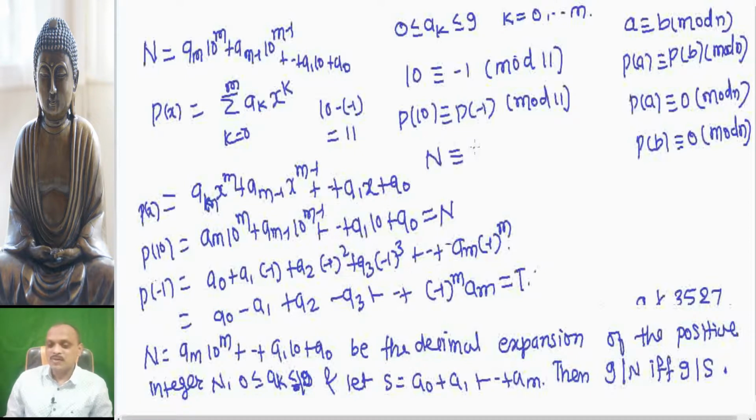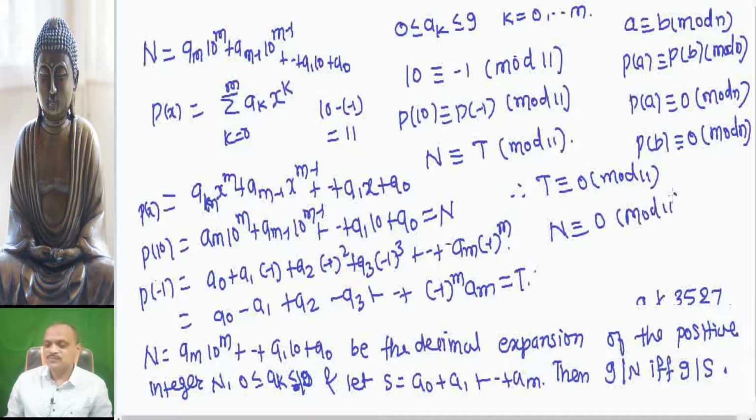So we have n congruent to t modulo 11, and therefore if t is congruent to 0 modulo 11, we have n congruent to 0 modulo 11, and hence we can write the same theorem for 11 also. Whenever t is divisible by 11, then n is also divisible by 11. What is my t?